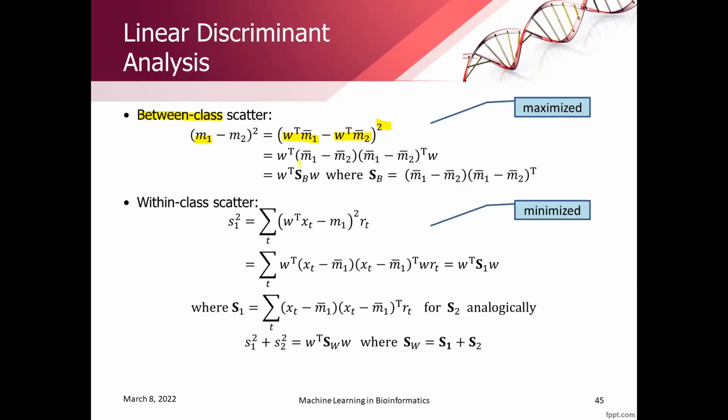Therefore, I rewrite the square into M1 bar minus M2 bar times M1 bar minus M2 bar transposed, because this can be applied on multidimensional data, and then from the left we multiply by W transposed, and from the right by W. The W is always there when we compute this square.